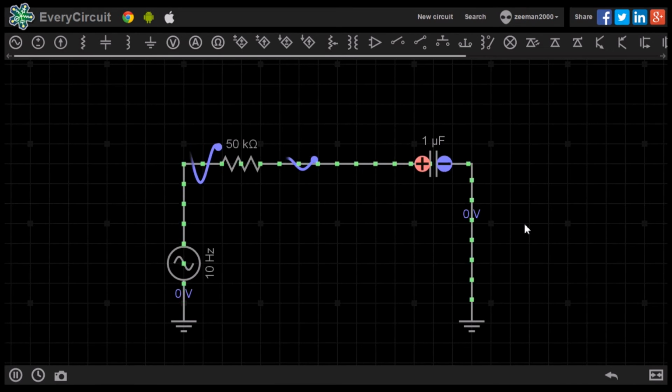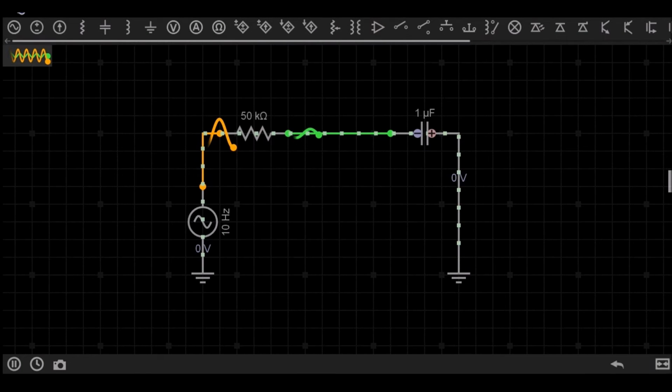In this sample circuit, we have a 10 Hz signal, 10 volt peak to peak AC power supply, a 50 kilo ohm resistor and a 1 microfarad capacitor. To find the reactance of the capacitor, we use the following formula.